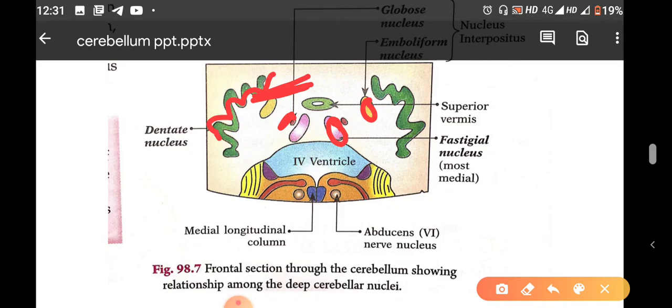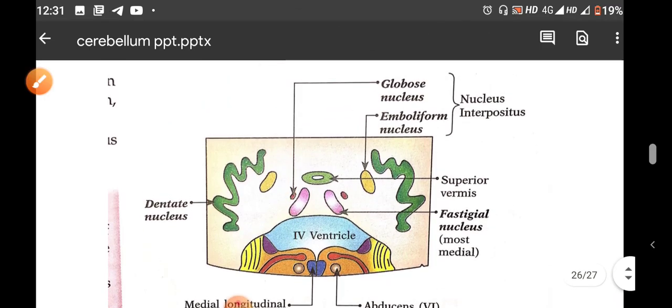The emboliform nucleus is an oval mass of grey matter located just anteromedian to the hilum of the dentate nucleus. The globose nucleus lies medial to the emboliform nucleus, and together these two are called the nucleus interpositus.